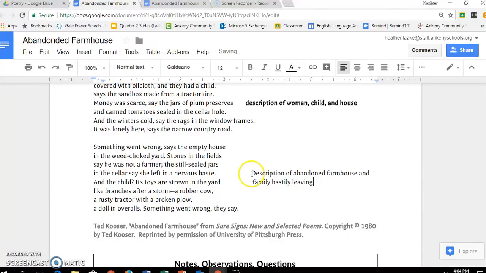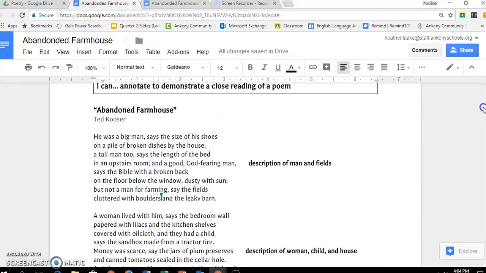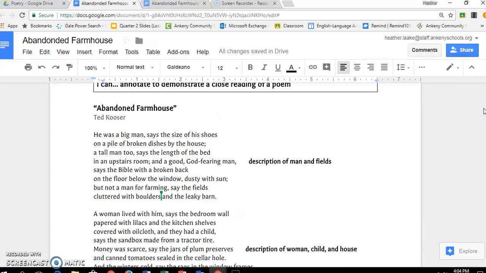Okay, so the third stanza is just a description of the abandoned farmhouse and describes how the family left quickly or hastily left. Okay, so this poem, the literal meaning is pretty straightforward, easy to understand.